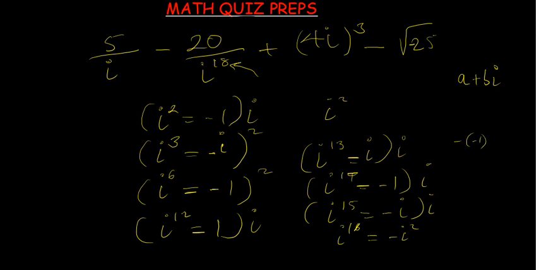So that portion, instead of writing negative I squared, we are going to write positive 1. If we multiply this one by another I, we are going to get I to the power 17 being equal to I. And then multiply this by I. That will give us I to the power 18, which is equal to I times I, which is I squared, which you know is negative 1. So this is what we want.